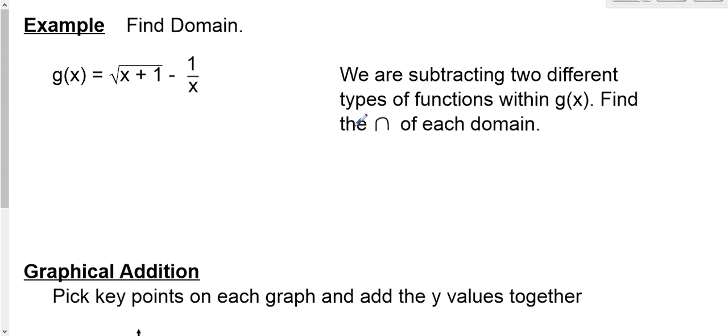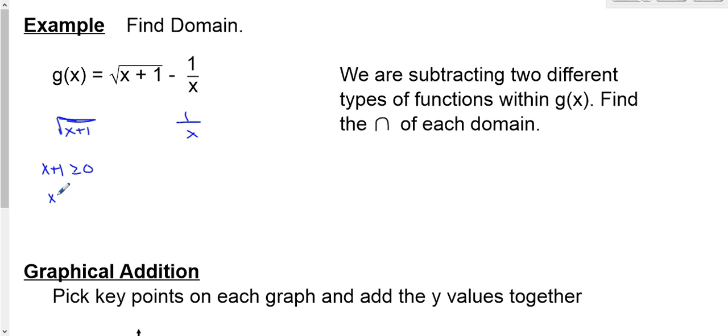And what I need to do is find the intersection of each of the domains. So I have the square root of x plus 1, and I have 1 over x. As far as the domain for the square root of x plus 1, I have to set x plus 1 to be greater than or equal to 0.